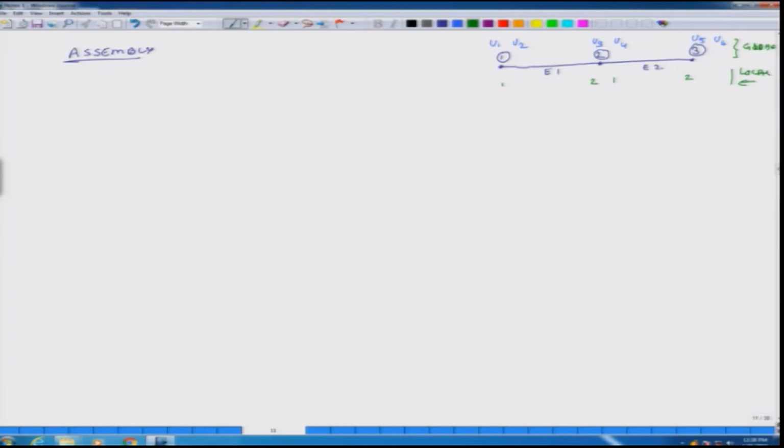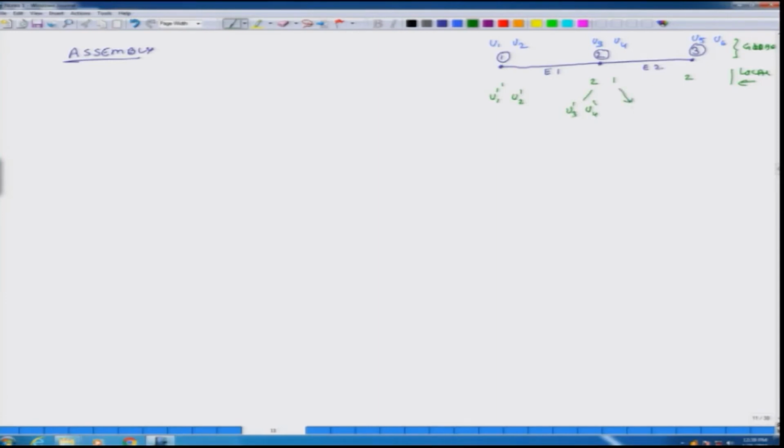So, these are the node numbers and the associated degrees of freedom are u1 of element 1 and u2 of element 1. Associated with this, I have u3 of element 1 and u4 of element 1, right.